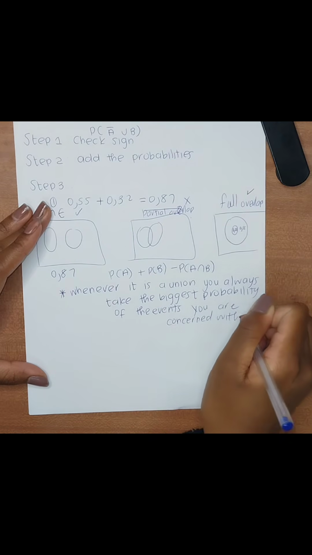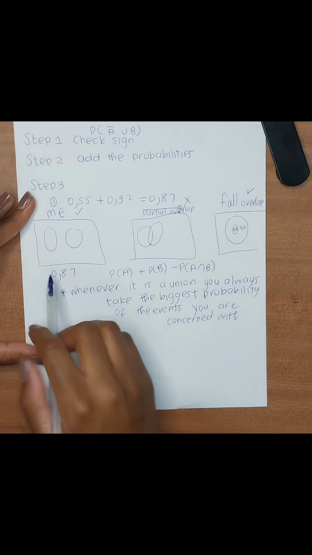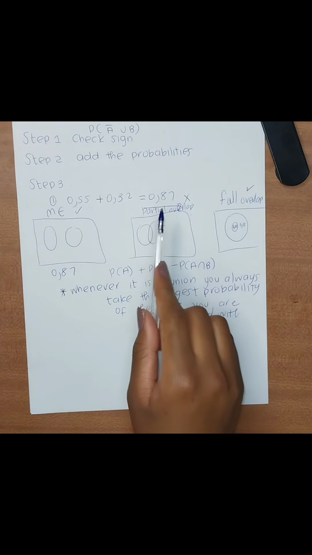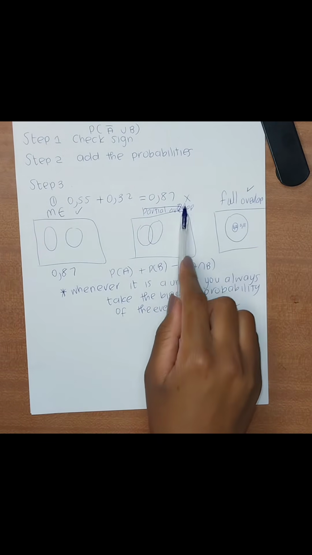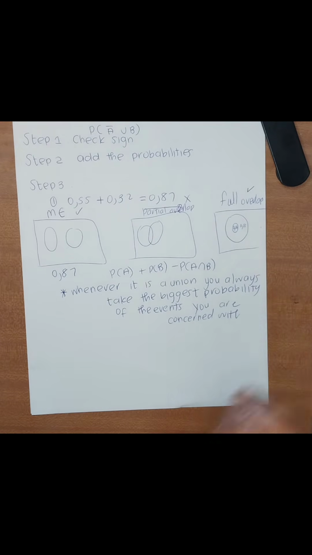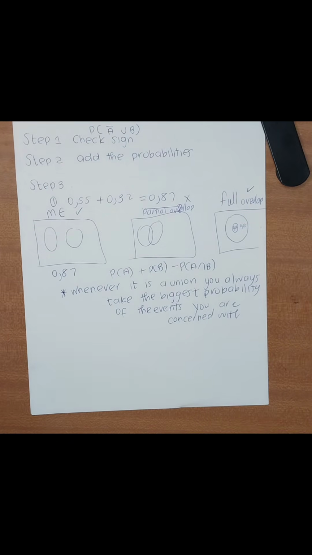This is very important. If this was an AND, right? So I add both of them, but because it's less than 1, that means this one is out, so I have this one and this one. But remember, I'm checking if there's a possibility that it is mutually exclusive, and then I tick. So if there's a possibility that it's mutually exclusive, what is the intersection of mutually exclusive events?